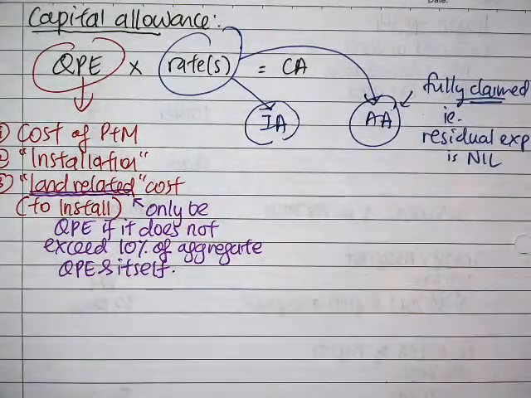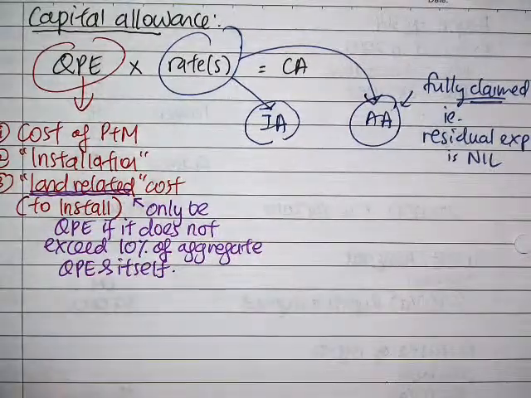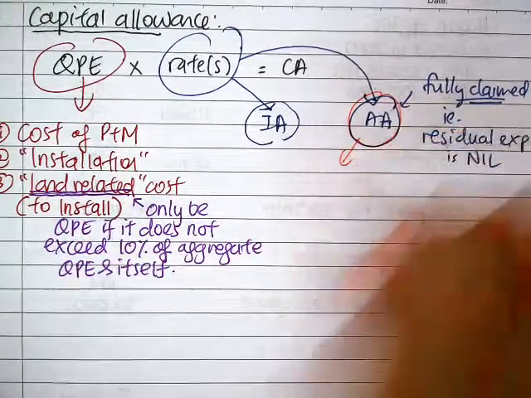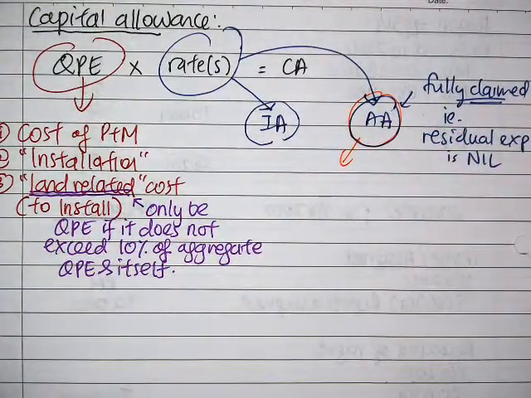Okay. Now there's something about the issue on annual allowance: you're allowed to claim all these allowances on condition that you incur the qualifying expenditure, you are the owner at the end of the basis period, and you must put these to use in your business. So when it comes to the issue about using them in the business, for AA, there's something about notional.